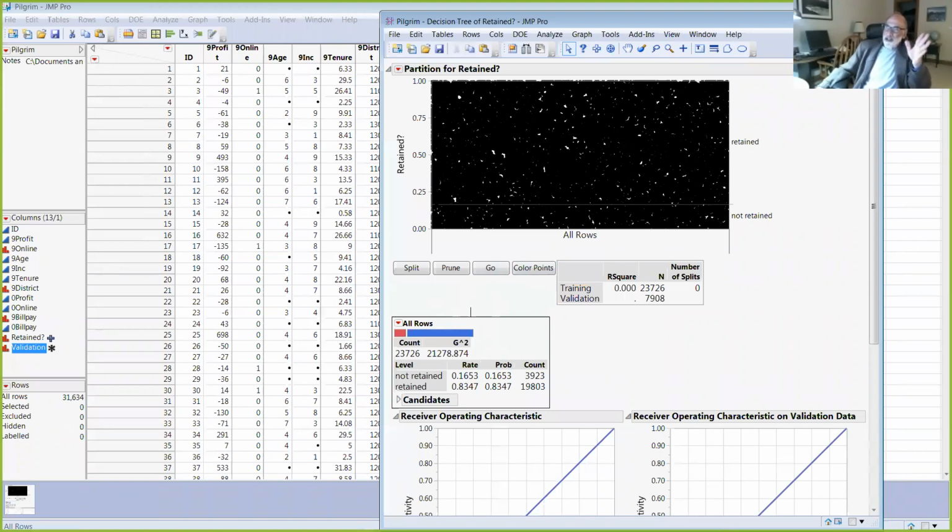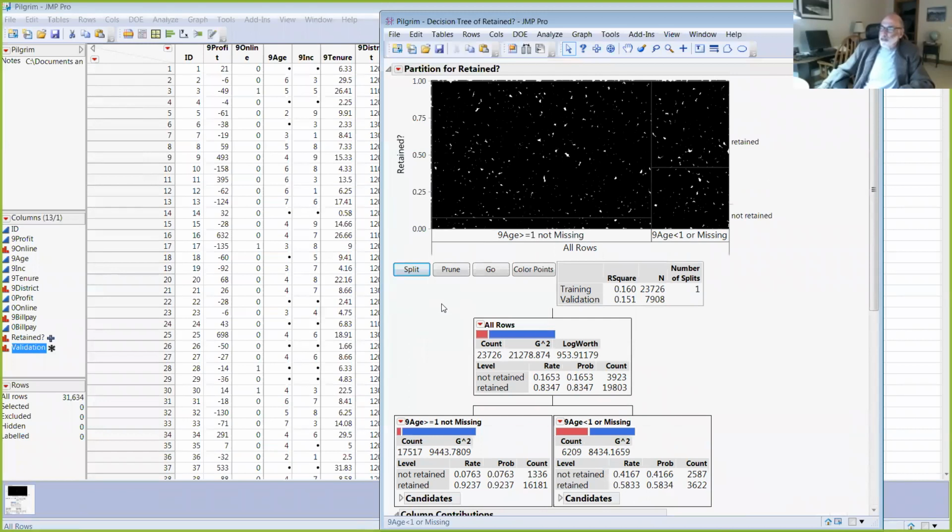It's actually a little over 80% that are retained, and a little under 20% that are not retained. In fact, you can see the rate right here: 17% not retained and 83% retained. Let's go ahead and split.